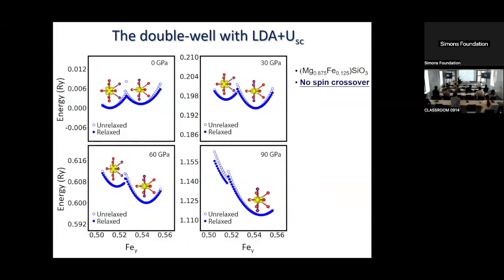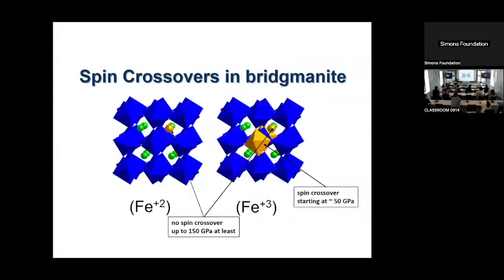So it's a YZ kind of T2G orbital that's occupied. And there is this other state here displaced along the y-axis that has the XY orbital occupied. So there is a change in the orbital occupancy as a function of pressure in the T2G manifold of the minority electron as you increase pressure. So this is it.